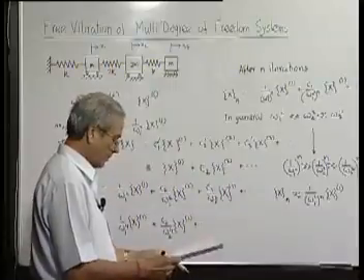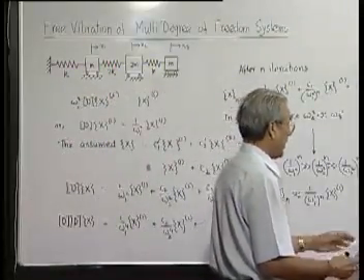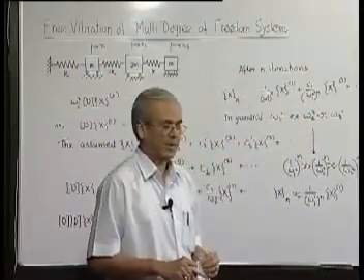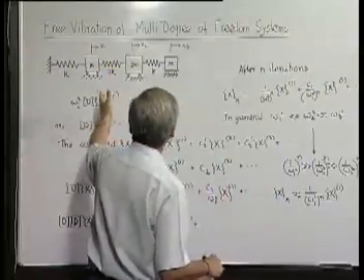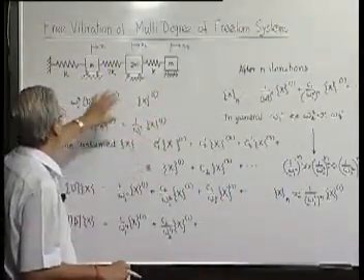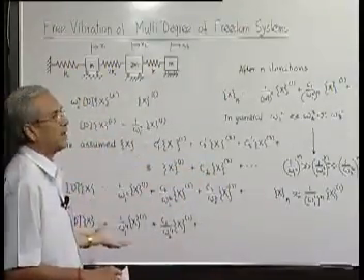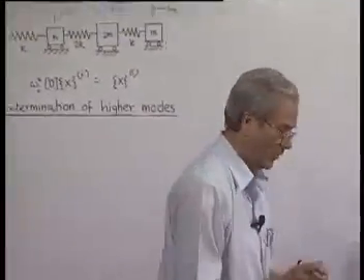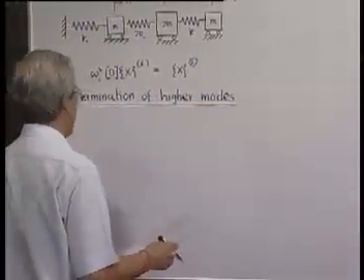Next, the question comes: if we require to find the higher modes and higher natural frequencies, that means here there will be 3 natural frequencies and 3 modes. We have found only the fundamental one. How do we find the higher modes?